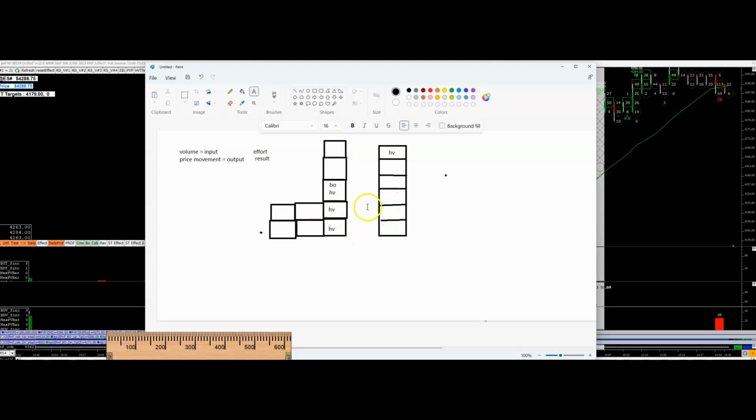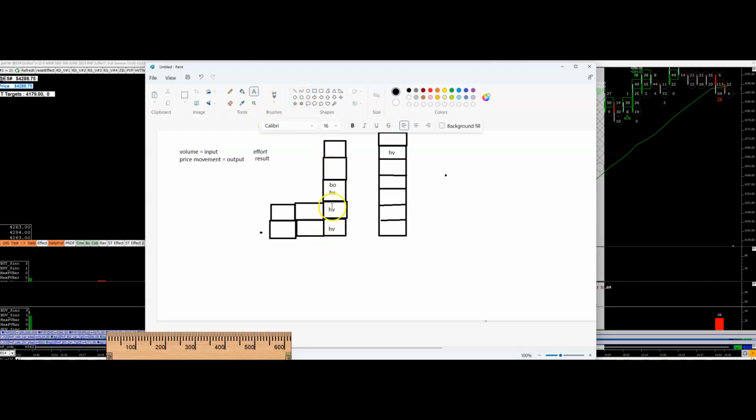Now if you had the same thing, but the volume comes up here, and there's zero or very little follow through, like maybe a box, this is a problem. This is not breakout volume. This is not accumulation volume.